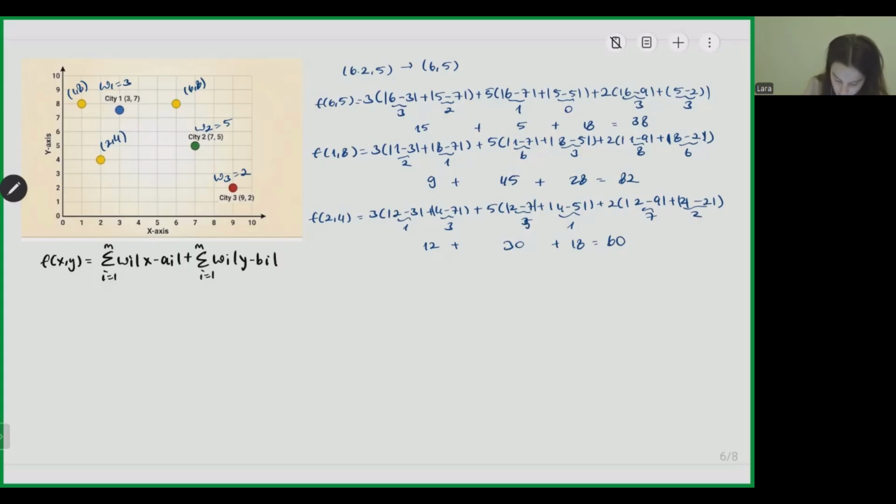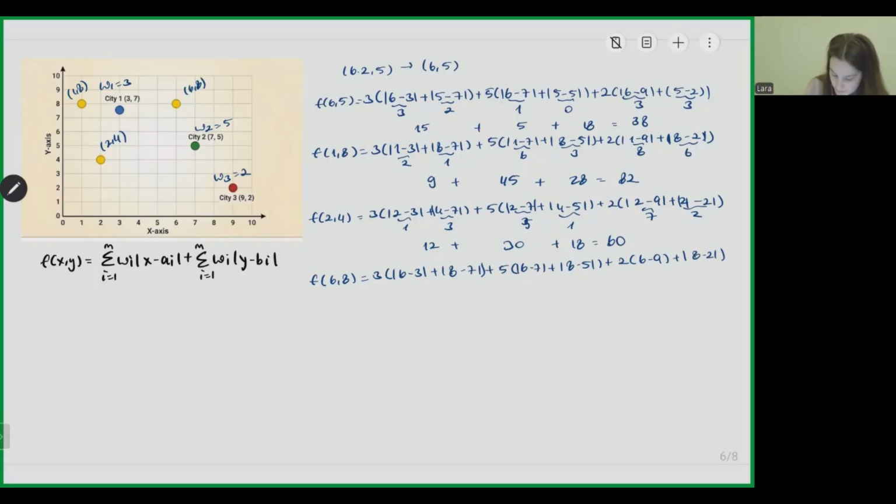Okay, and the last one, F6,8. 3 times 6 minus 3 plus 8 minus 7, plus 5 times 6 minus 7 plus 8 minus 5, plus 2 times 6 minus 9 plus 8 minus 2.